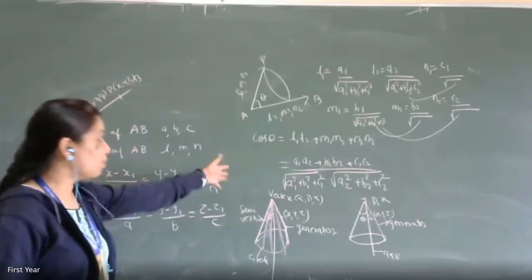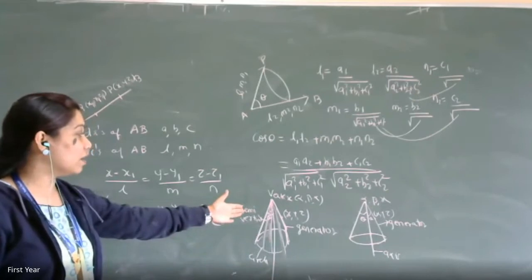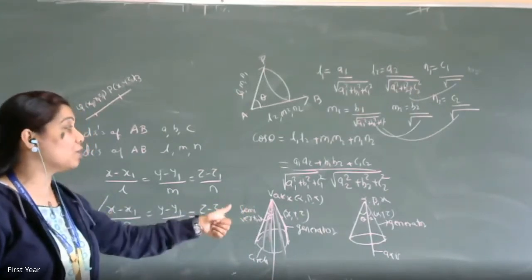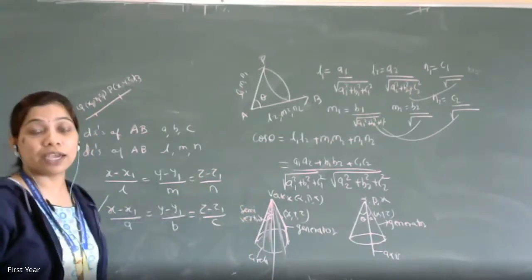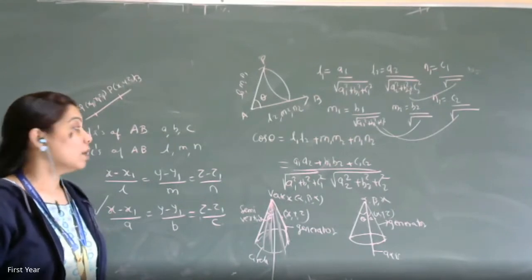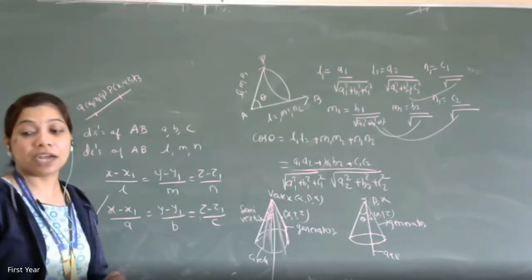Okay. So this is what we are going to do. Just write quickly what a right circular cone is and then we directly go to the example. Write down the definition.